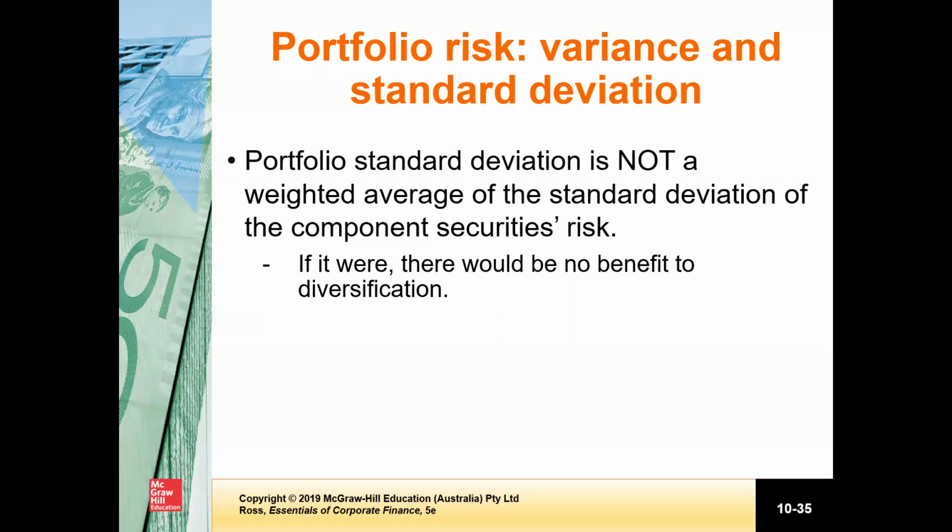However, that approach is completely incorrect. This is because when we talk about the riskiness of a portfolio, we do not consider the riskiness of individual assets. We consider the contribution of individual assets to the overall riskiness of the portfolio. This contribution might vary depending on how these assets are correlated.